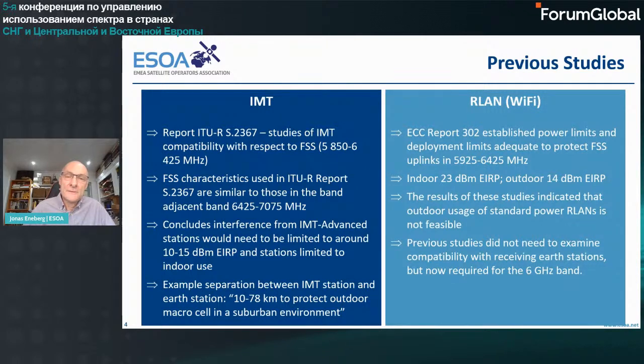And we have seen that these operations are more compatible, let's say, with the satellite than IMT generally. And administrations have taken decisions both in the upper and lower 6 GHz to deploy Wi-Fi under these constraints. So obviously they are workable for the radio LAN operations as well.